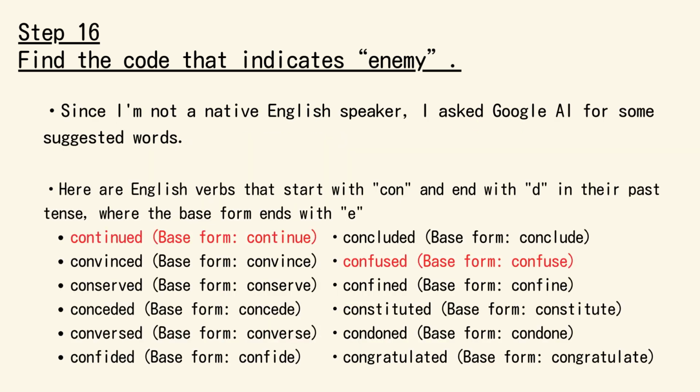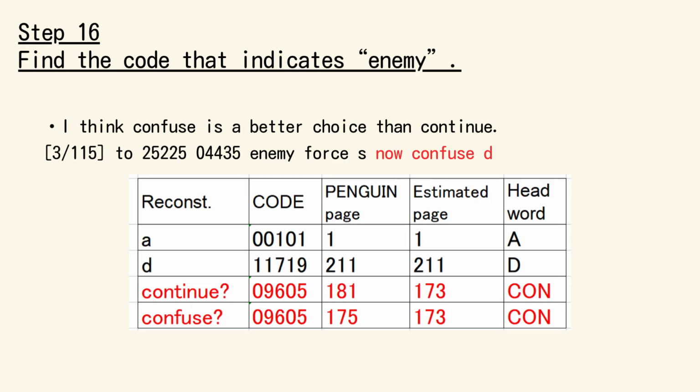Since I'm not a native English speaker, I asked Google AI for some suggested words. Here are English verbs that start with con and end with d in their past tense, where the base form ends with e. I think confuse is a better choice than continue.